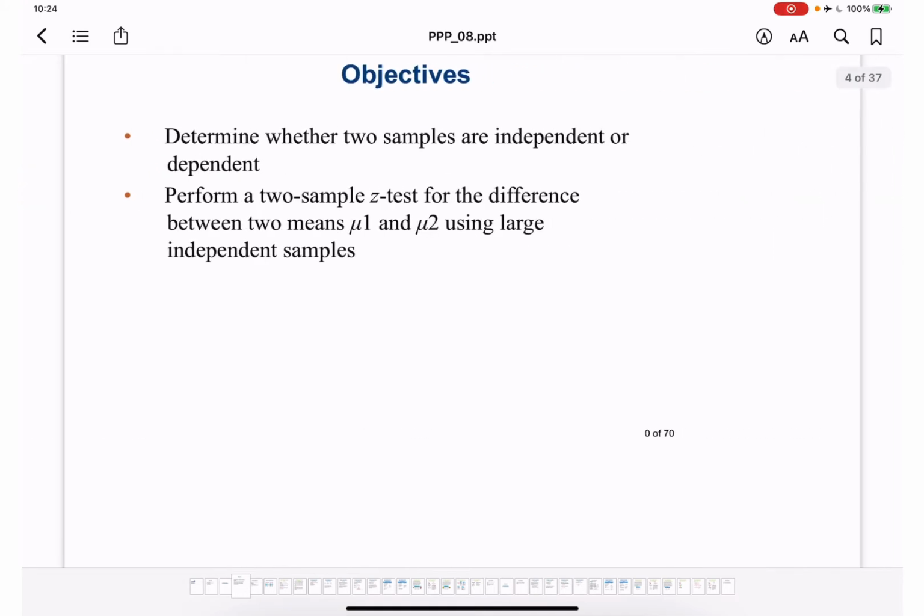So what we are going to do here, objectives: determine whether two samples are independent or dependent, and then perform a two-sample z-test for the difference between two means, mu1 and mu2, using large independent samples.